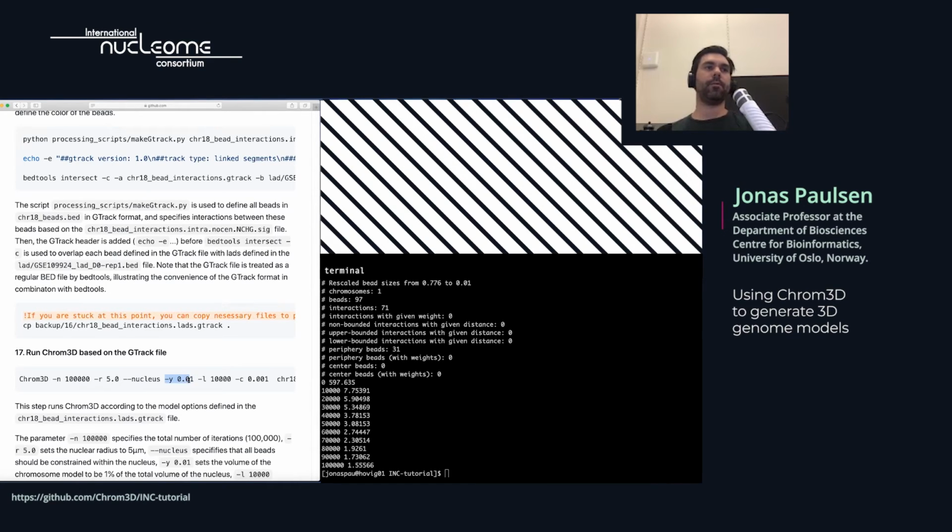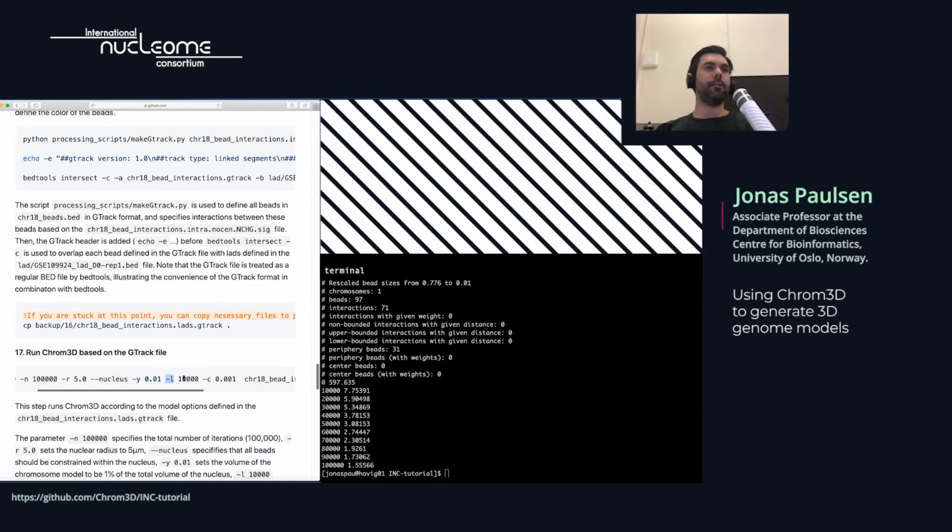In this case, we only have a single chromosome, chromosome 18. And I must admit, I don't know exactly how much of the nuclear volume chromosome 18 fills up. But this number should be relatively close, maybe a little bit too large on the actual volume. It's not so important, but just observe that it's possible to set this volume of the model.